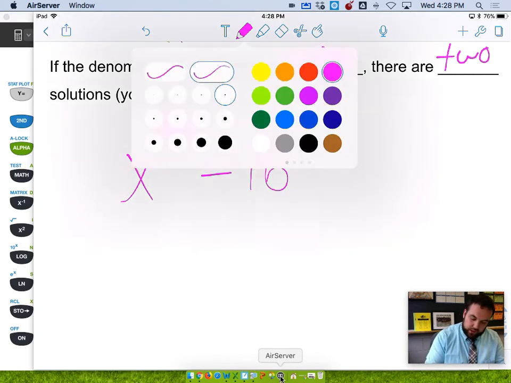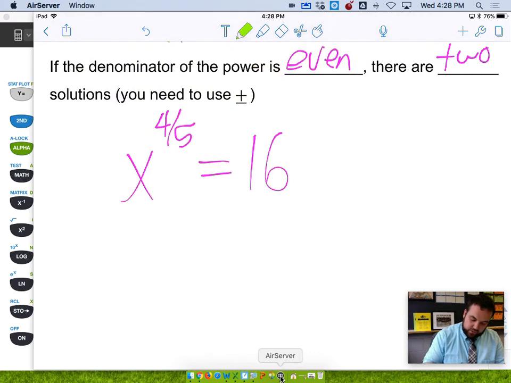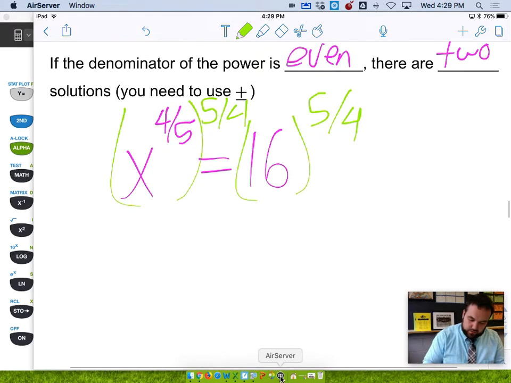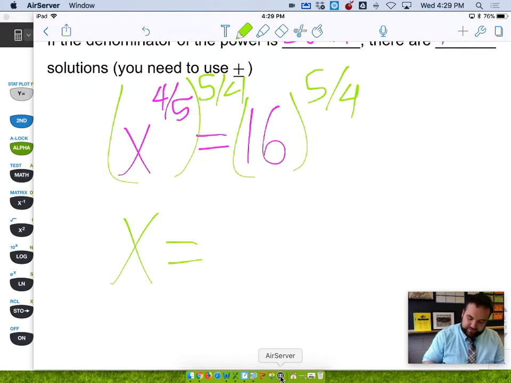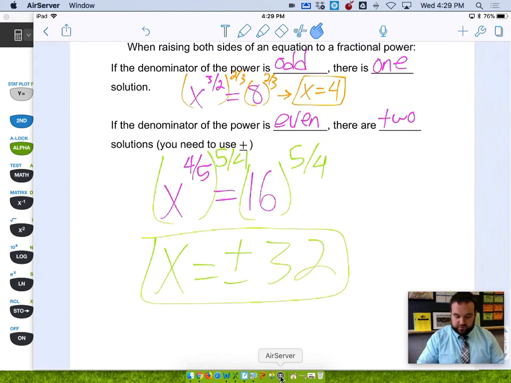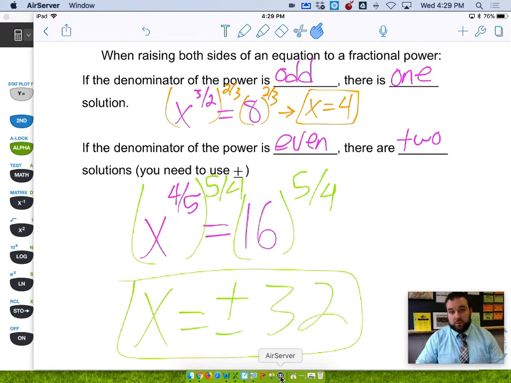To then solve to get x by itself, I would use the reciprocal power, which is 5/4. But because I am raising both sides to the 5/4 power, when I plug 16 to the 5/4 into the calculator and I get 32, I need to put both positive and negative 32 in there. So that has 2 solutions, whereas our previous example only has 1.